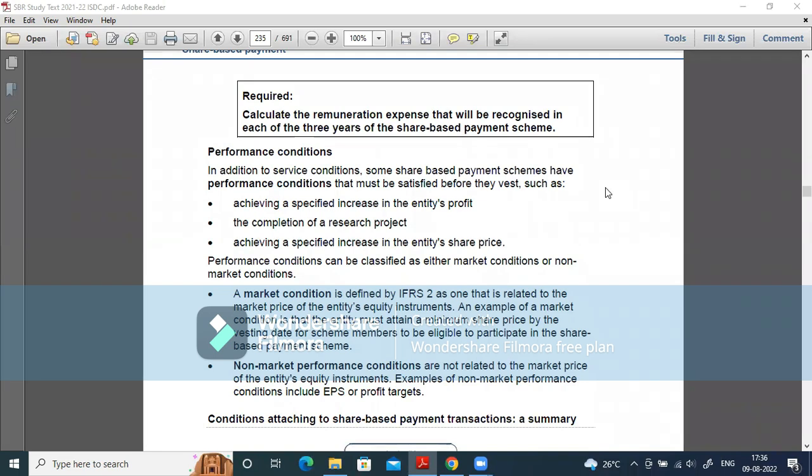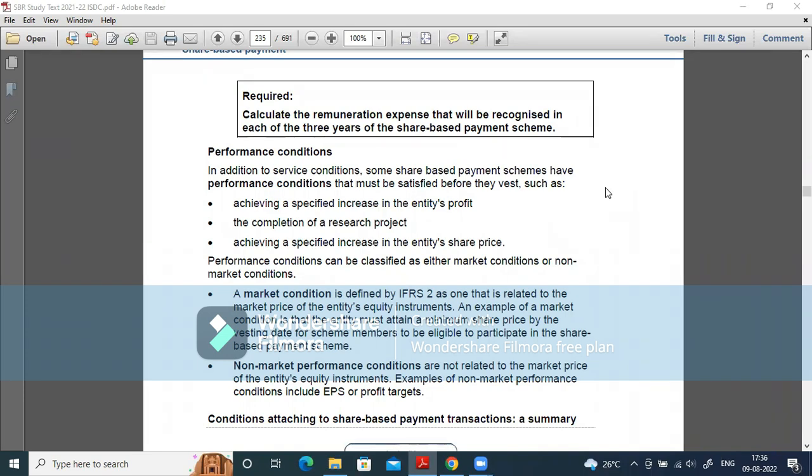X Limited company issued 1,000 shares or share options to their employees, on a condition that in order to vest or exercise the right on that, the market price of the company needs to reach at least some specific price.